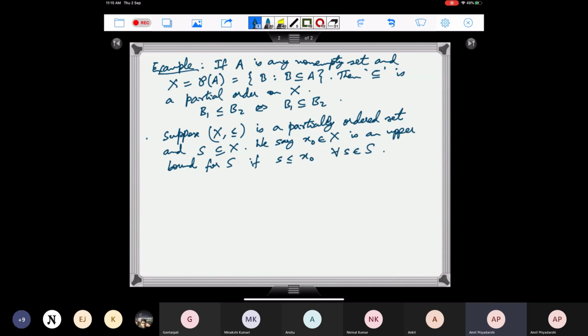But this upper bound need not belong to the set S. Right? So x naught is an upper bound. So just like for real numbers, we define upper bound for a subset. Similarly, we can define for any partially ordered set an upper bound.